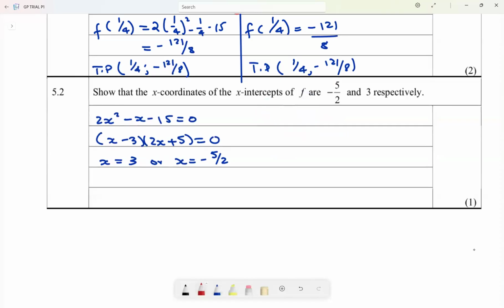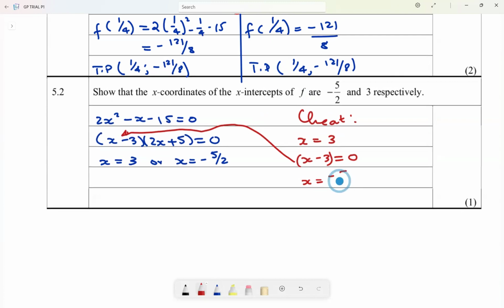Let's cheat. How do you cheat? You already know the x-intercepts are x is equal to 3, and x is equal to negative 5 divided by 2. So what you can do, you can say, okay, the first factor, just transpose: x minus 3 is equal to 0. So you already have your first factor here.